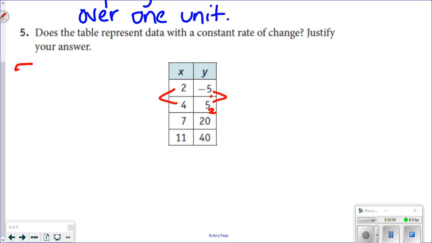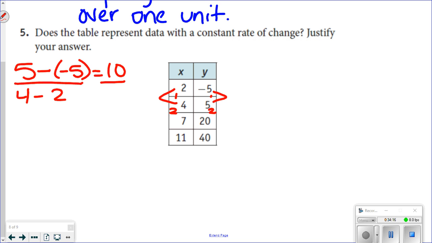So 5 minus -5. What do we get? From -5 to 5, how many numbers do we move? 10. Perfect. 4 minus 2. From 2 to 4, how many numbers do we move? Good. And let's reduce that. 10 divided by 2. Perfect.